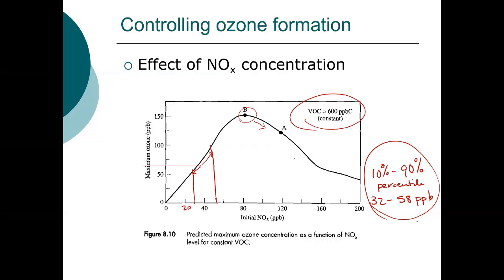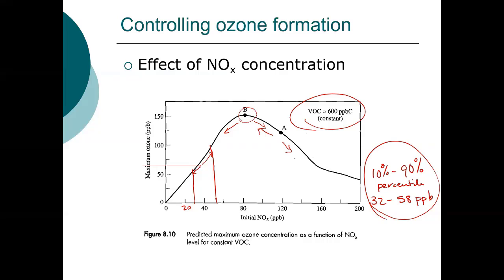Okay, look at point B. If we're at an initial concentration of 80 parts per billion and we increase that, what happens to the ozone concentration? It actually decreases, which is counterintuitive. If we decrease NOx, it also decreases ozone. If we're out here at 120 parts per billion and I increase NOx, it decreases the ozone level.